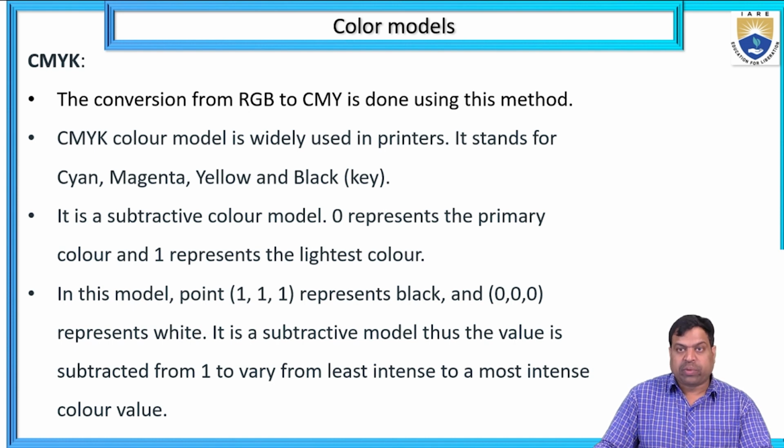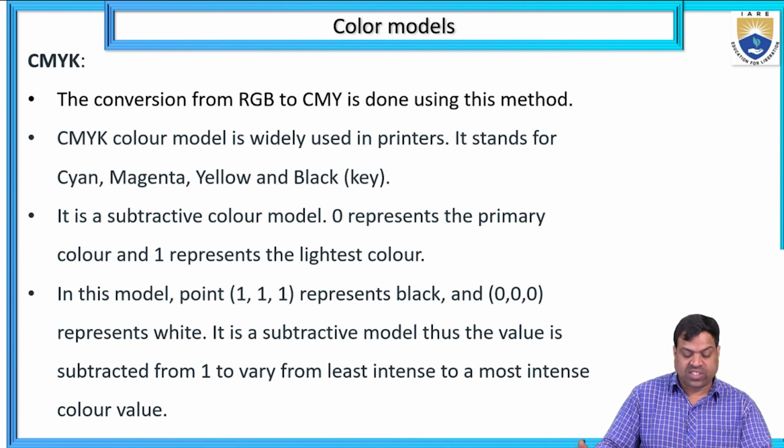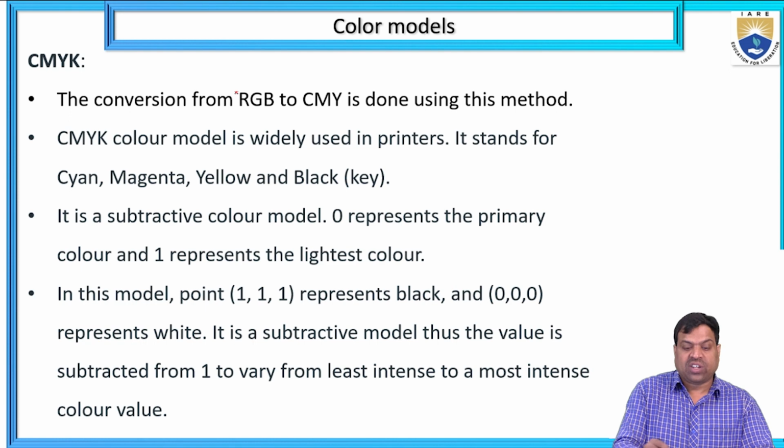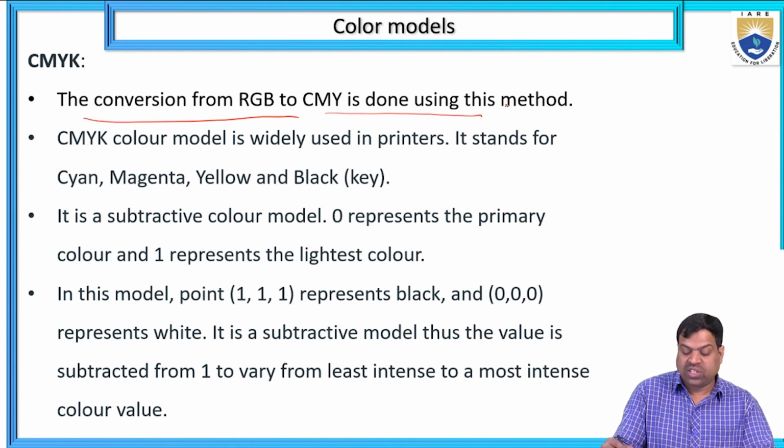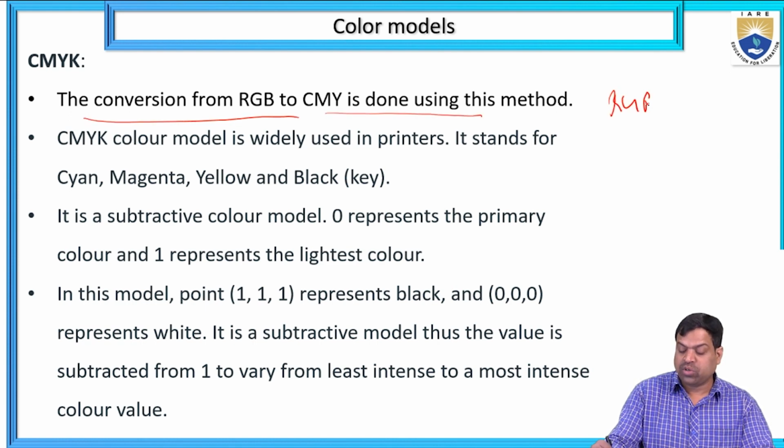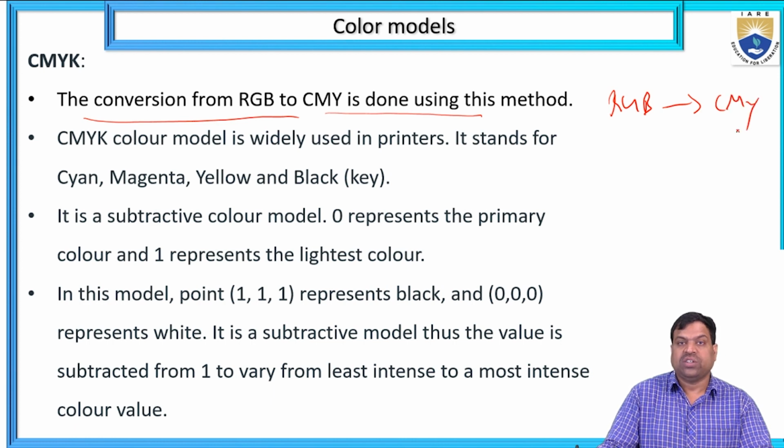So 111 represents black and 000 represents white, and it is a subtractive model, thus the value subtracted from 1 varies from the least intense to the most intense color value.